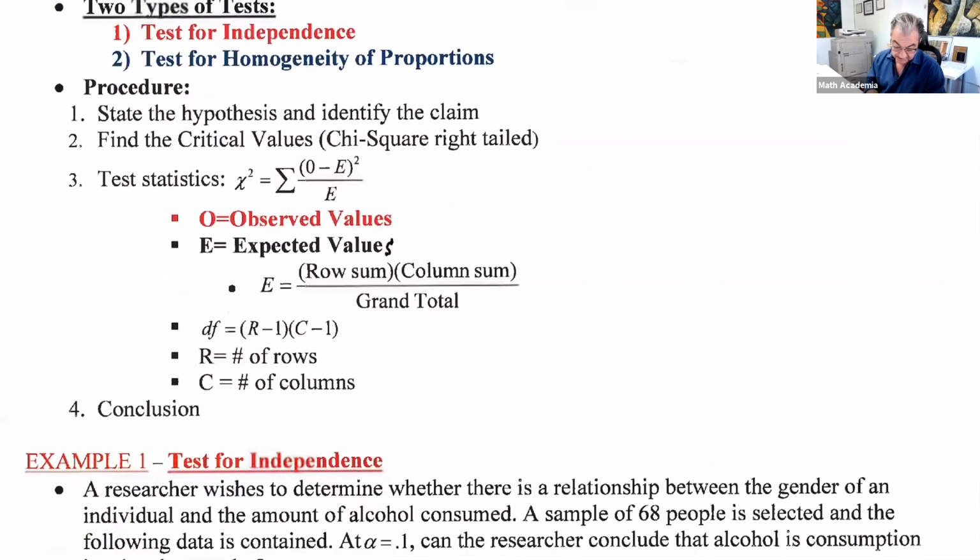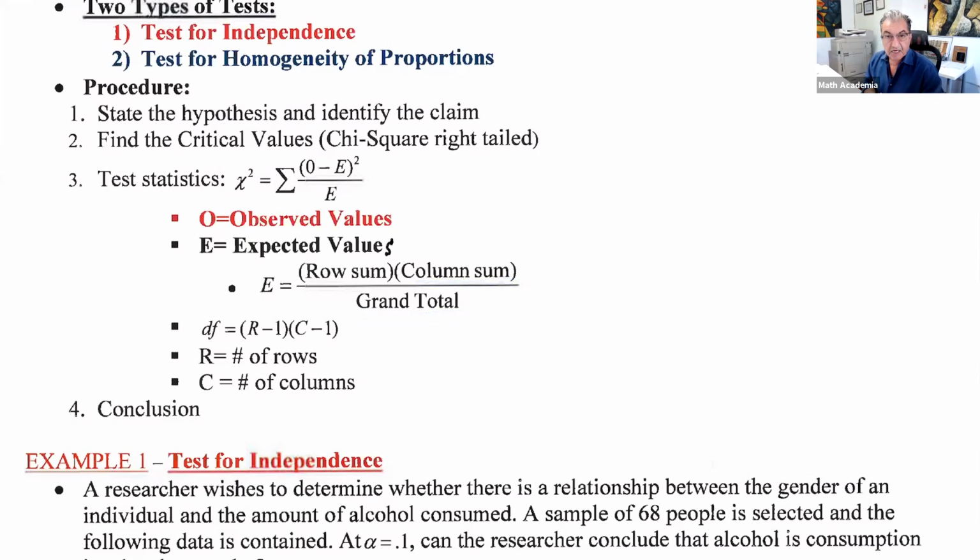Now, the test statistic you use, this is not x, this is chi-squared equals the sum of O minus E squared divided by E. O are the observed values, the values that are given in the table already. E are expected values, we need to calculate them. So the formula is row sum times column sum divided by the grand total. I will go over that in the example.